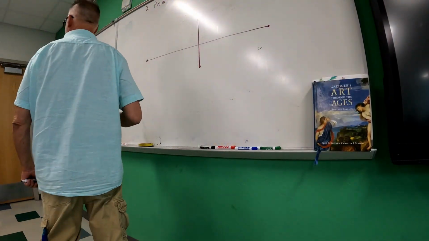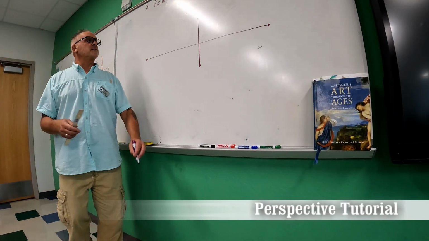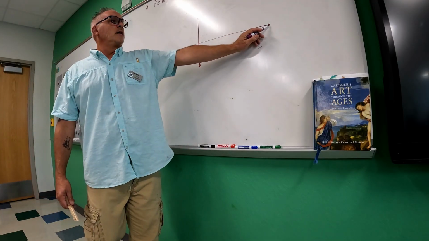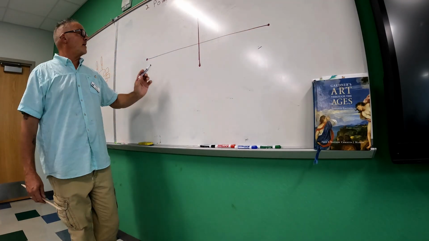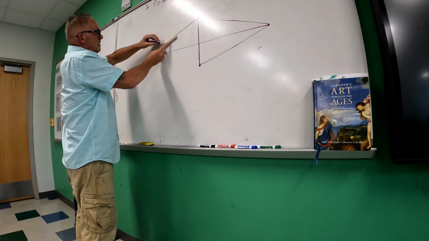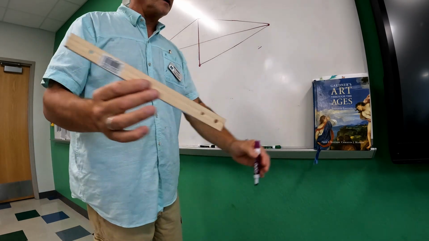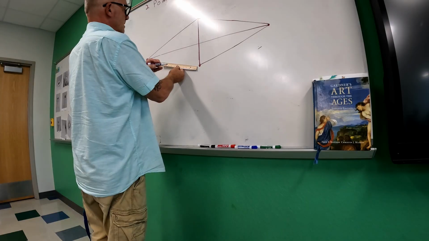All right, just like yesterday, we're going to do the same thing we did. We're going to take the top of our building, the bottom of our building, we're going to connect them to the vanishing point on the right and the vanishing point on the left. I wish I had one of them longer rulers, like one of those yardsticks. That'd make my life easier, wouldn't it?